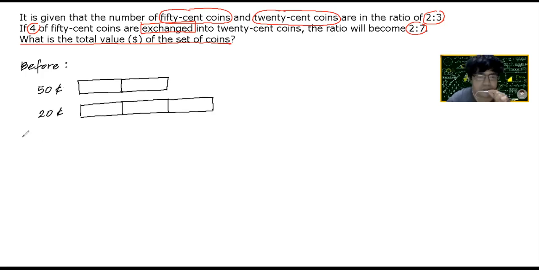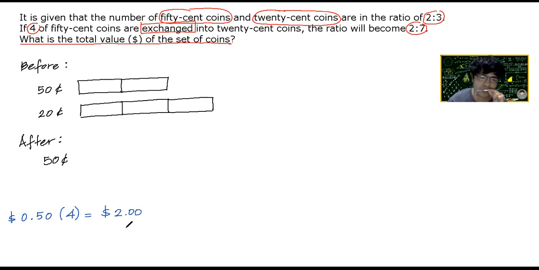Now, after you change some number of coins, let's say 4 of the 50-cent coins were exchanged into 20-cent coins. What do you mean by that? It means do not forget that a 50-cent coin is 0.50 dollars or 50 cents. And suppose you're about to change 4 pieces of this, that has the total amount of $2.